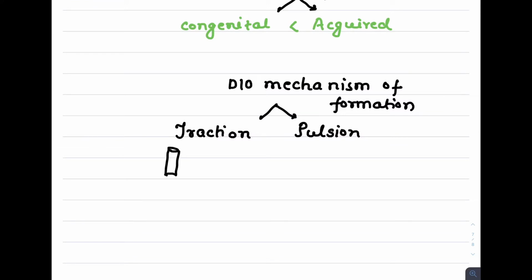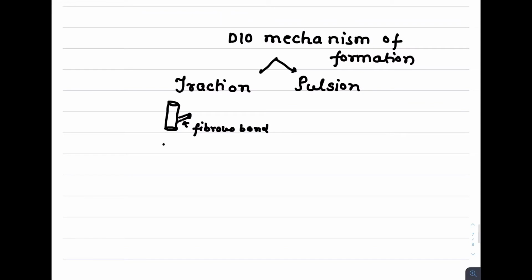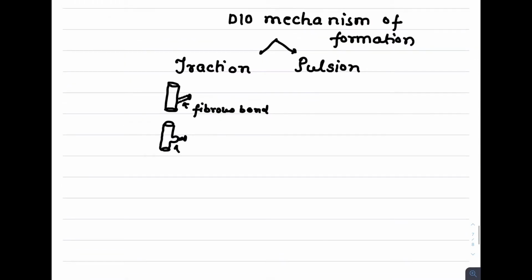If this is the esophagus tube and fibrosis is going on adjacent to the wall of the tube, then ultimately it will pull up a part of the esophagus. This fibrous band will pull up a part of the esophagus and ultimately it will lead to formation of a diverticulum.